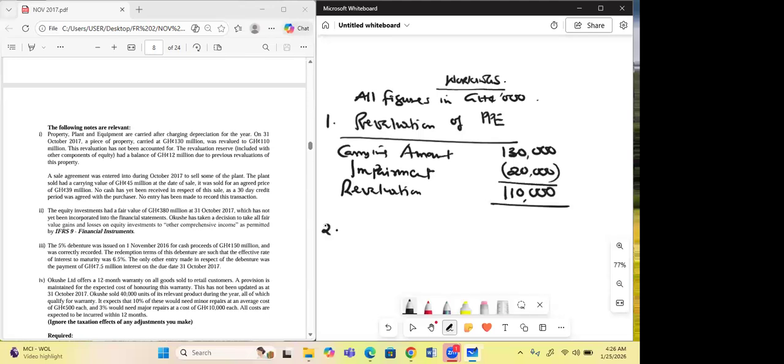You charge the impairment against the revaluation surplus, up to the amount. Very good. So we'll net them off. We'll say revaluation gain versus impairment.